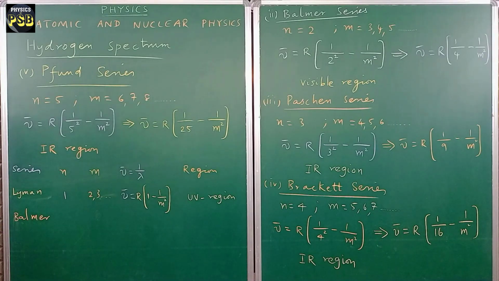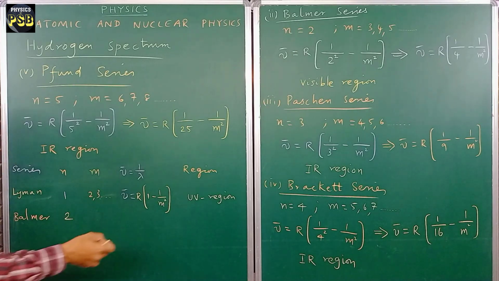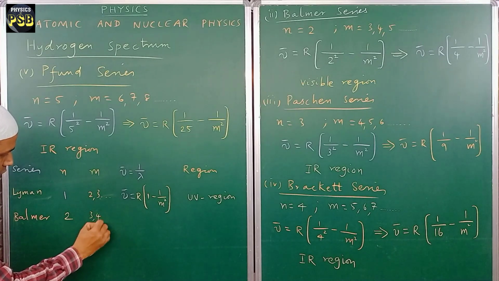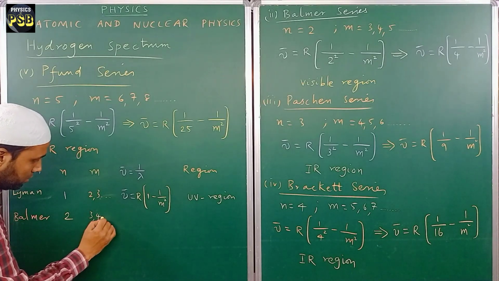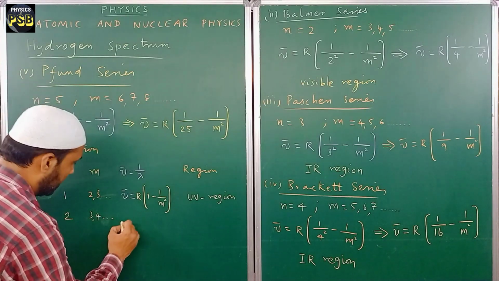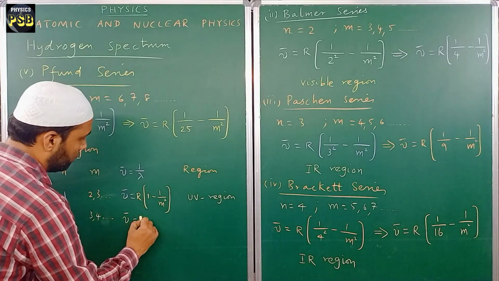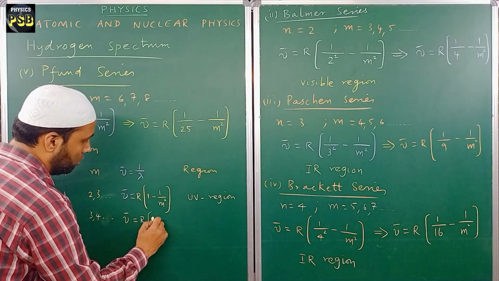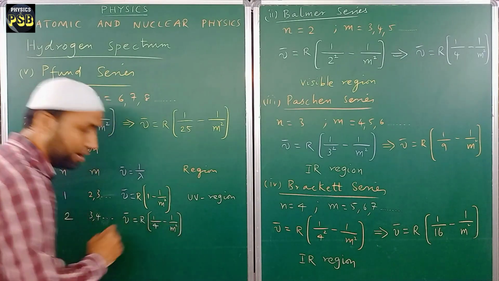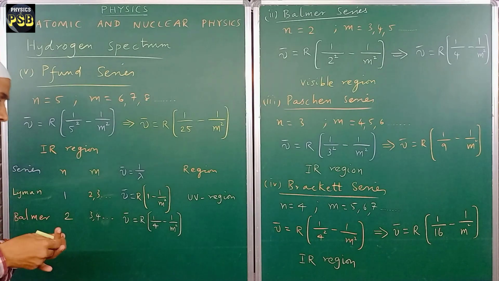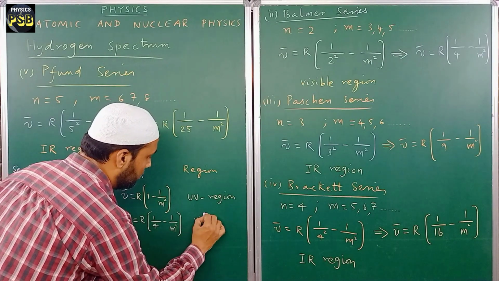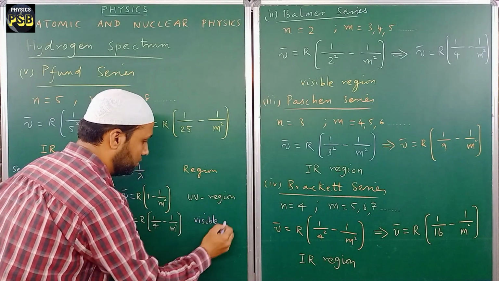To get the Balmer series, an electron jumps from outer energy levels to the second energy level. So n is taken as 2, m is taken as 3, 4, and it goes this way. Then the wave number here is written as nu bar equals R multiplied with 1 upon 4 minus 1 upon m square. And this falls in the visible region.